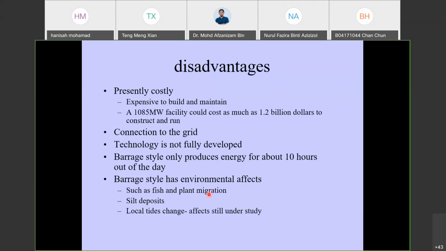It might perhaps affect the environmental condition underneath the sea, which is the fish or plants or coral perhaps. So this might affect the environment underneath, I mean, the part underneath the sea.